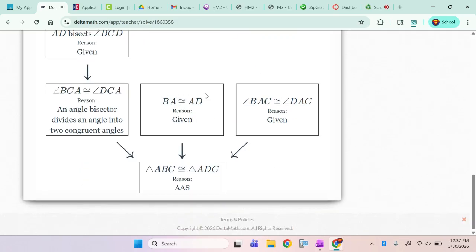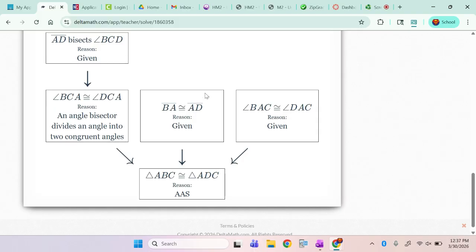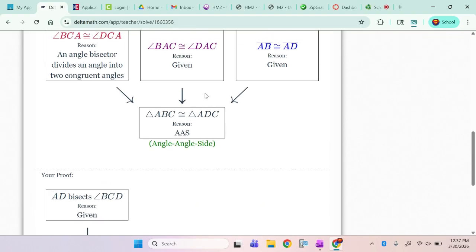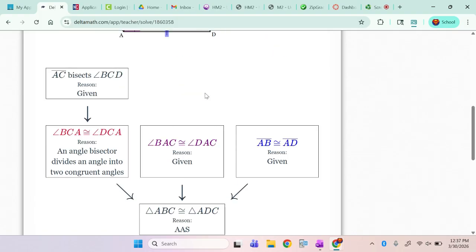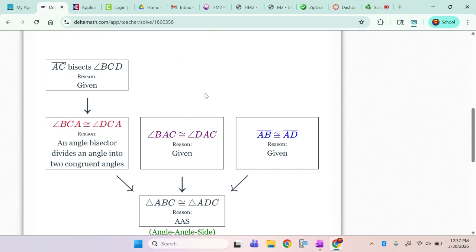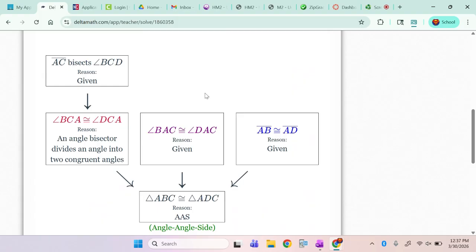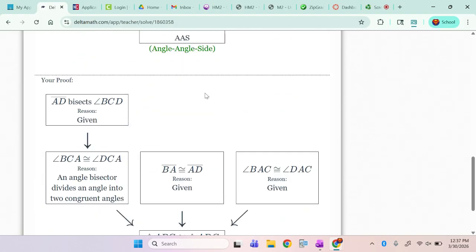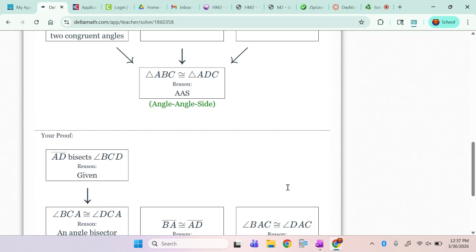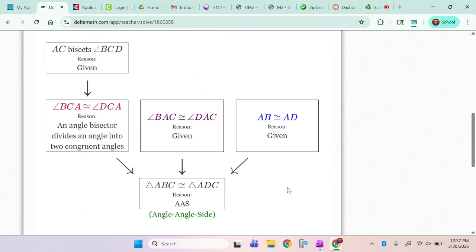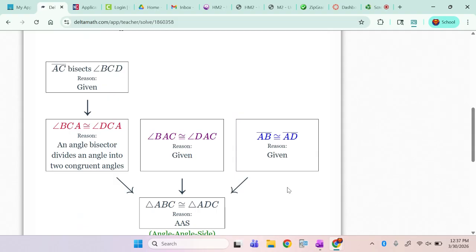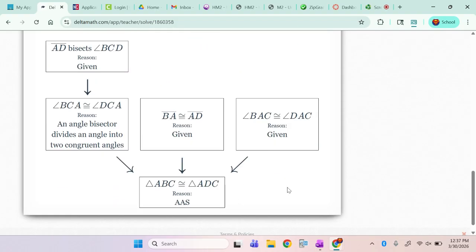It should be AB is congruent to AD. Delta Math is a stickler for corresponding sides, so you've got to make sure everything corresponds. BAC, DAC, no, that's right. No, that's correct. I typed that. It shouldn't matter.